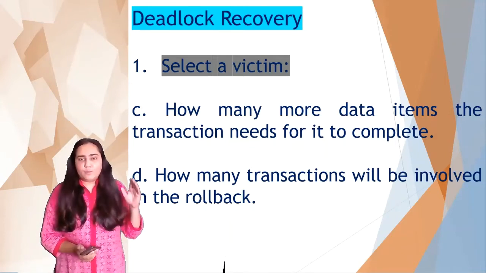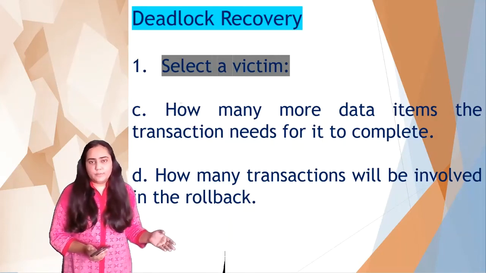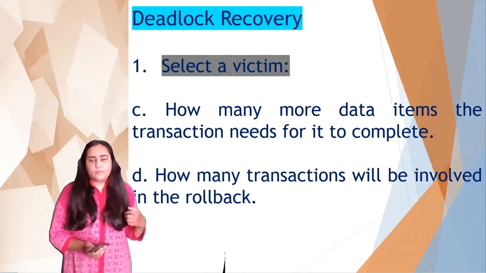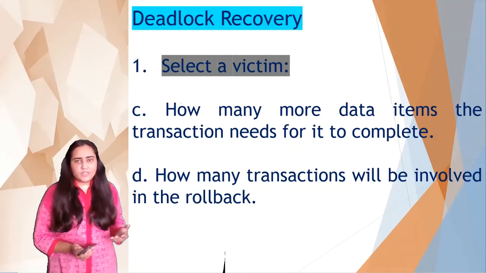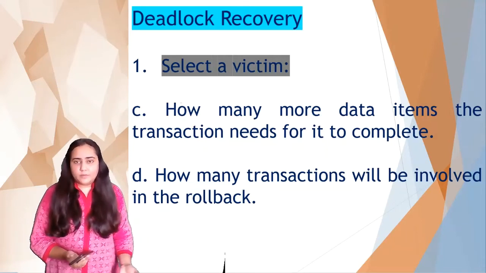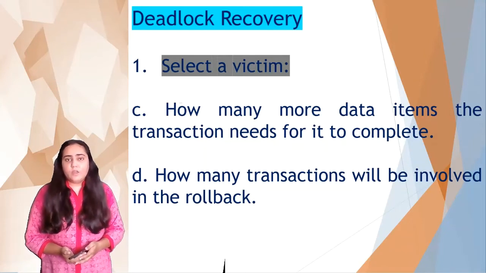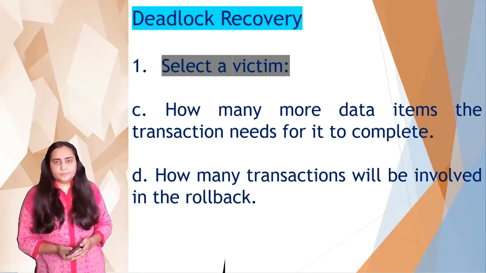And so if one transaction is rolled back, then others also have to be rolled back due to it. So you have to take care that you're not selecting a transaction that's going to cause a lot many transactions to roll back. And so all these points have to be taken care of while selecting a victim.